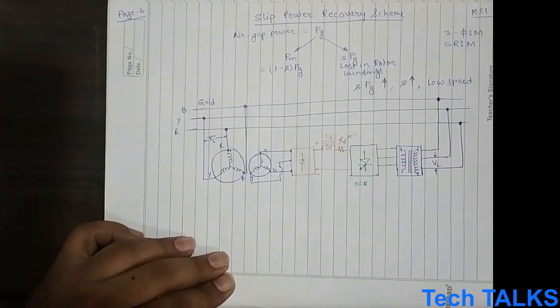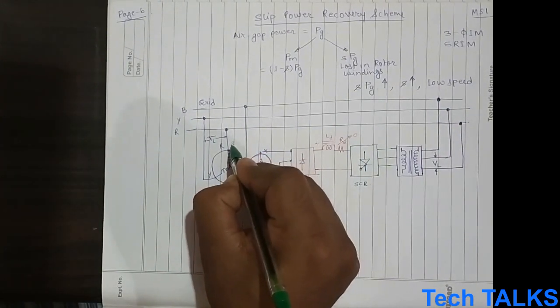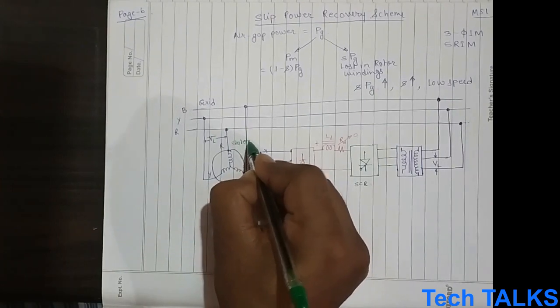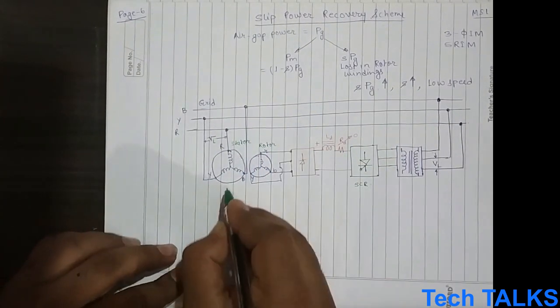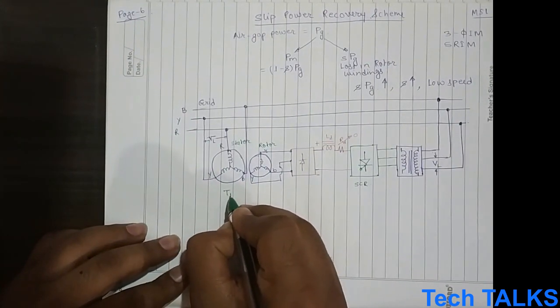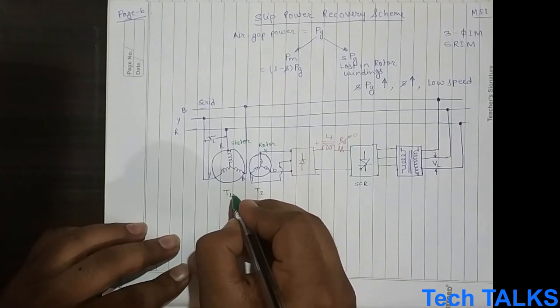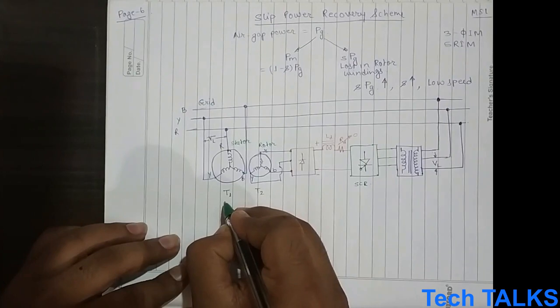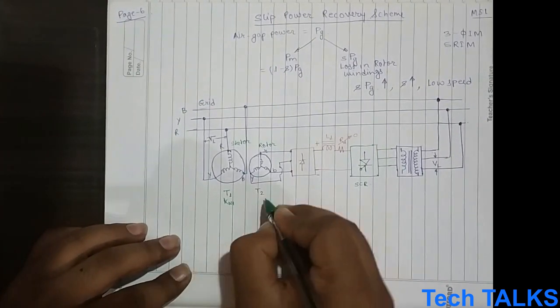Now the turns ratio, this is the stator, this one is the rotor. The turns ratio between the stator and the rotor is T1 to T2. And another thing is that the winding factors are KW1 and KW2.